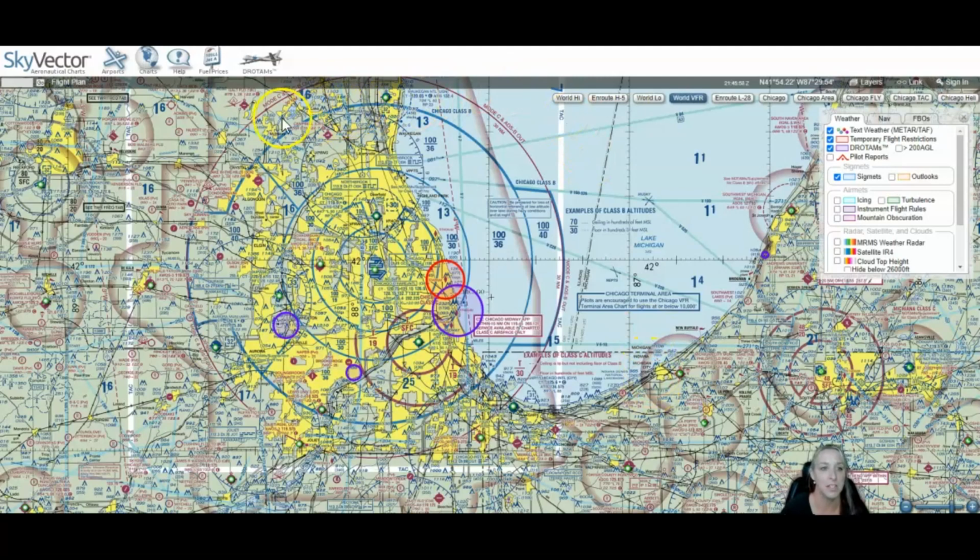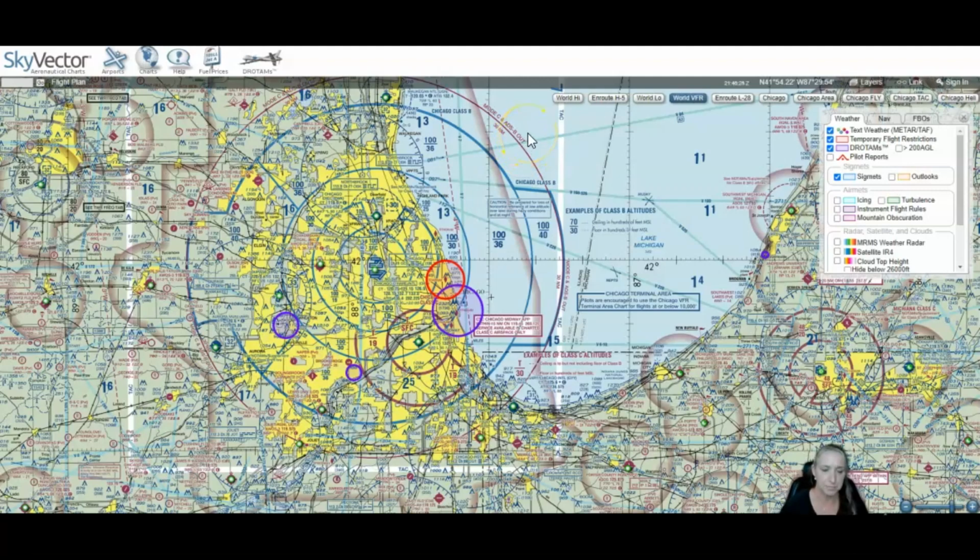The other thing you need to know about Class Bravo airspace is that there is something called a Mode C veil. So this solid magenta line right here indicates a Mode C veil around the Chicago airport that extends for 30 nautical miles. Okay, so if you are flying within this Mode C veil, an aircraft needs a Mode C transponder and an ADS-B out on their aircraft.